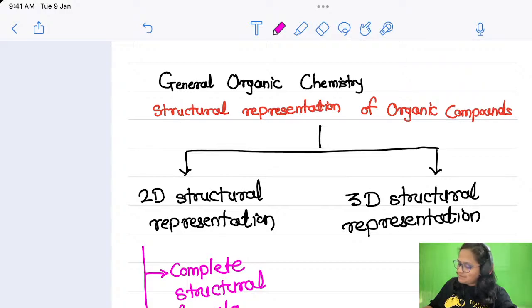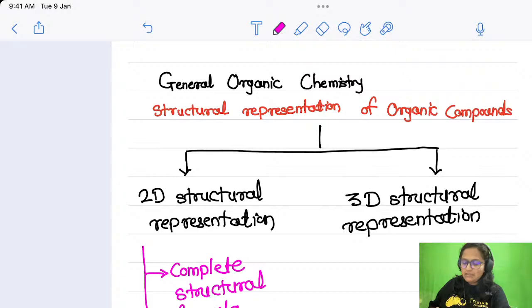Second one is the condensed formula. And third one is the bond line formula. Okay, so these are the 2D or two-dimensional structural representations.